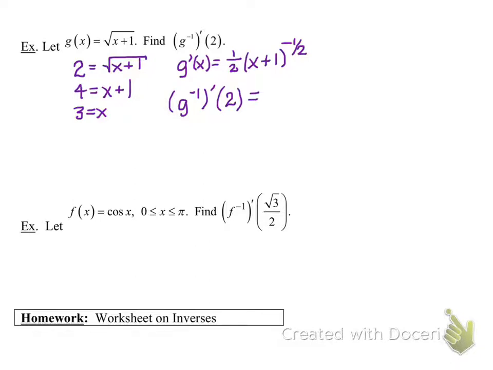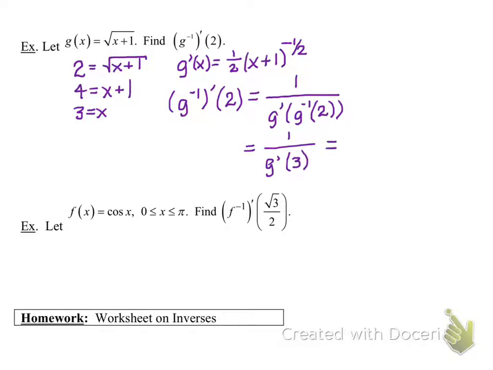And we get 1 over G prime of G inverse of 2. And G inverse of 2 was 3. So now we just need to find G prime of 3.